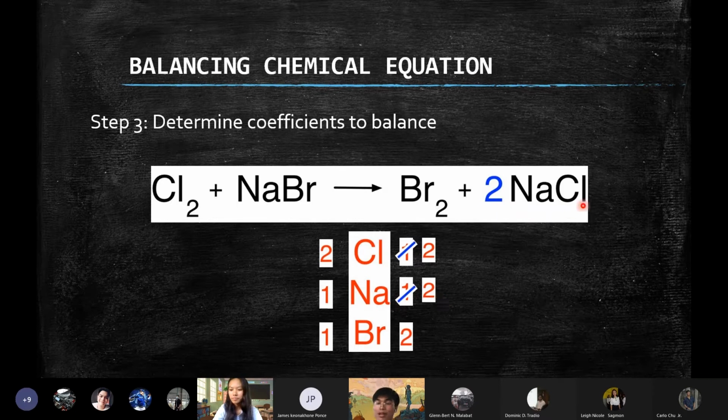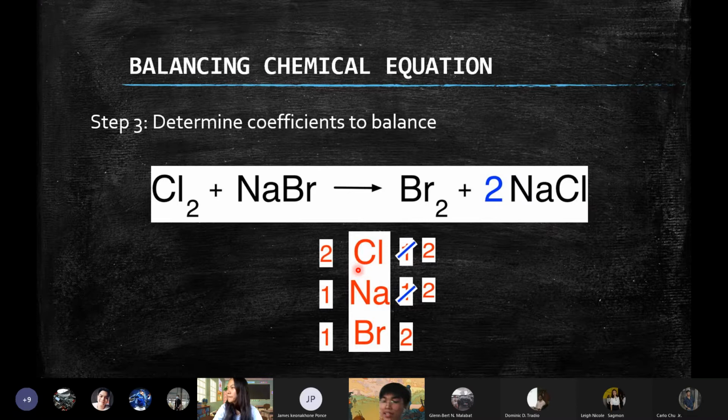And the same goes with the chlorine. So is it balanced? Of course not. The chlorine element is balanced, the sodium element is not balanced, and the bromine element is not balanced. So in short, it's not balanced.